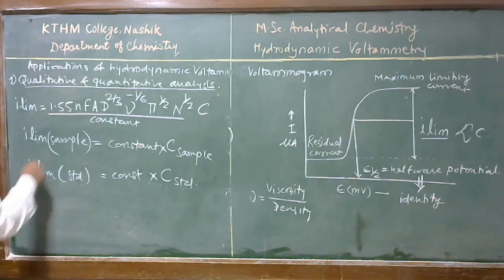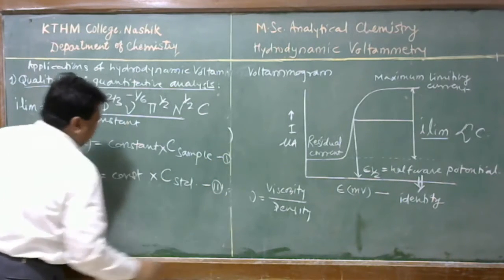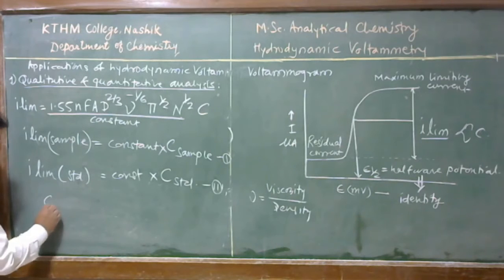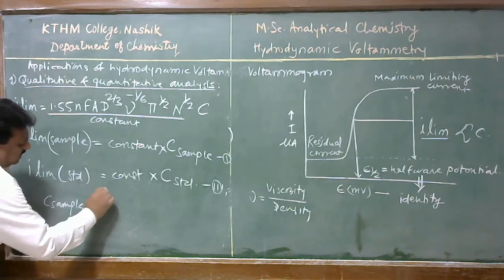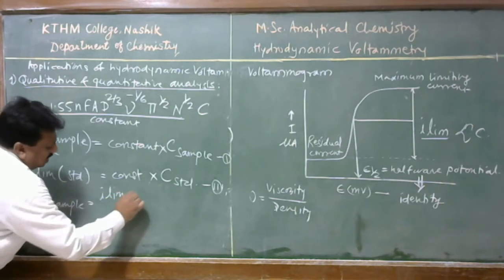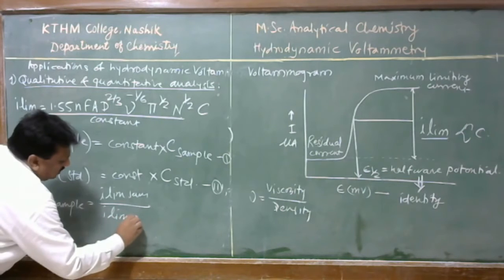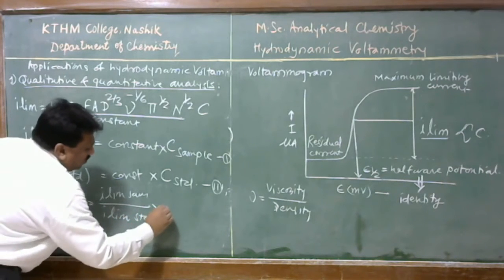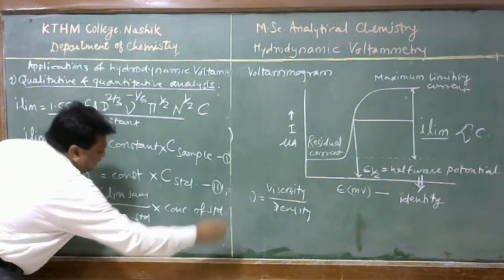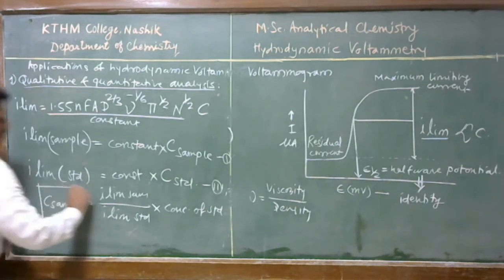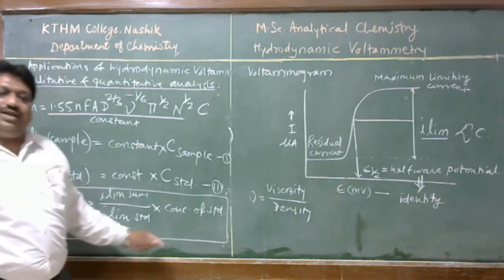By using these two equations, equation 1 and equation 2, we can determine that the concentration of sample is equal to limiting current for sample upon limiting current for standard into concentration of standard. In this fashion, we can determine the concentration of analyte in hydrodynamic voltammetry.